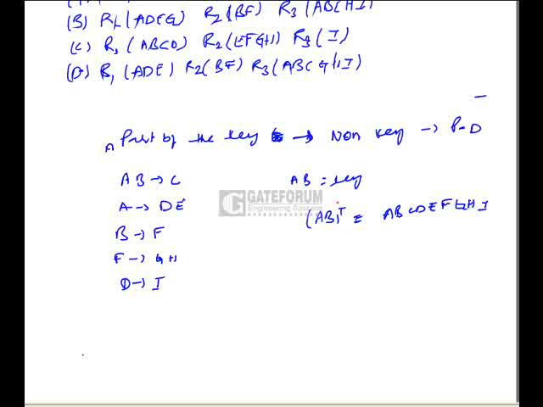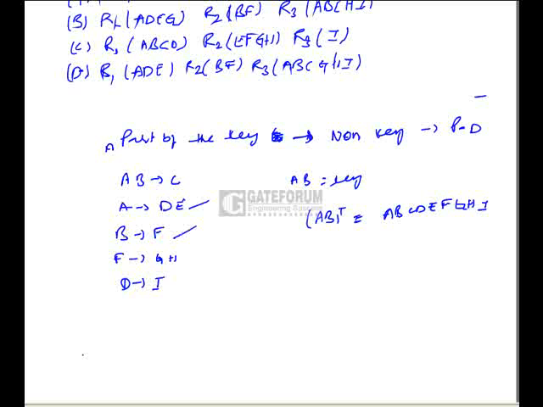So if AB is the key, then the partial dependencies would be A gives DE. Why? Because here A is a part of the key and DE are non-key attributes. So this is a partial dependency, and B gives F is also a partial dependency.